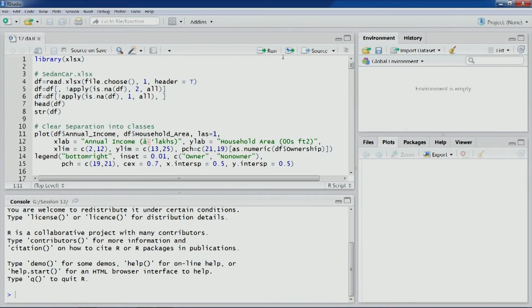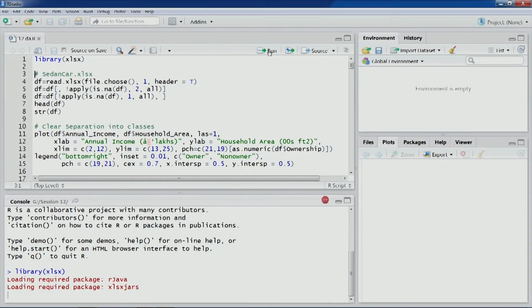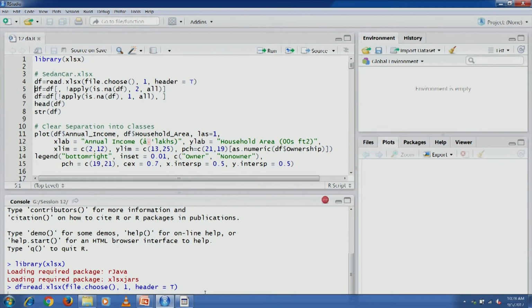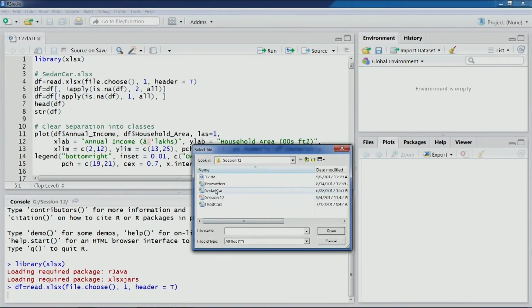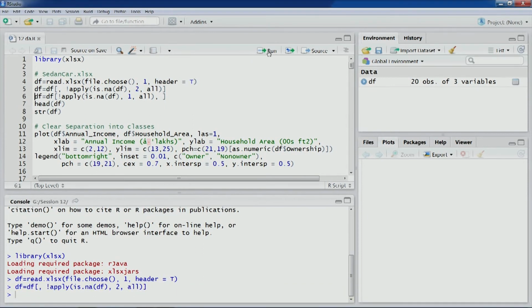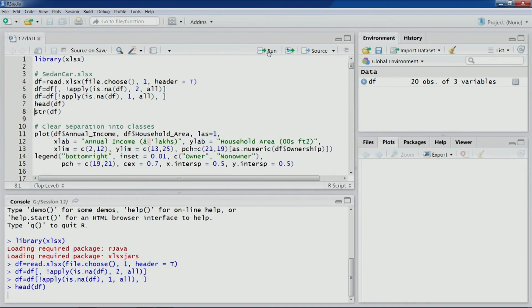The data set that we are going to use right now is the Sedan data set that we are already familiar with. So let's load the package xlsx. Let's import the data set. Let's remove any rows with missing values.